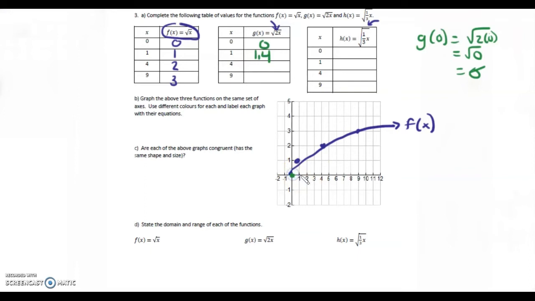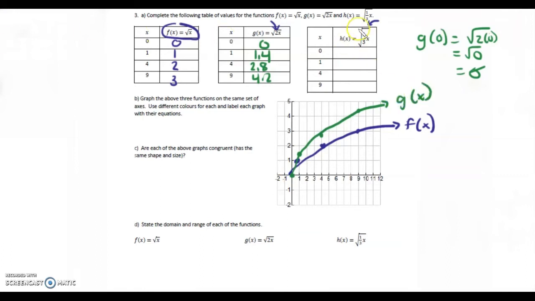So 0, 0, 1, 1.4. If we had a 4 in there, it'd be root 8, so we'd have 2.8. And then if we had a 9 in there, we'd have root 18, so then we'd have 4.2. So here is our g at x.